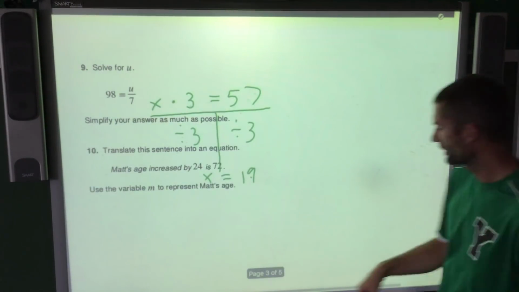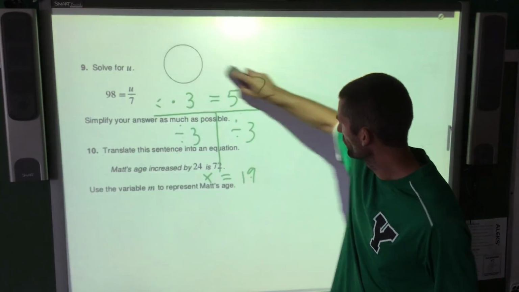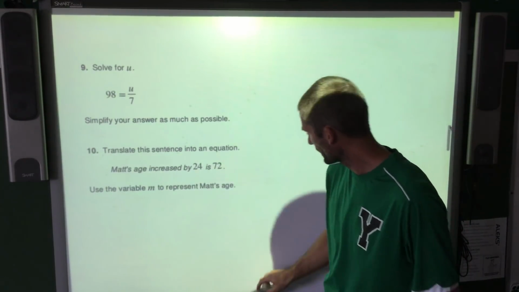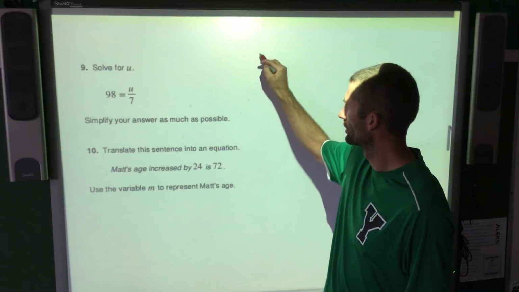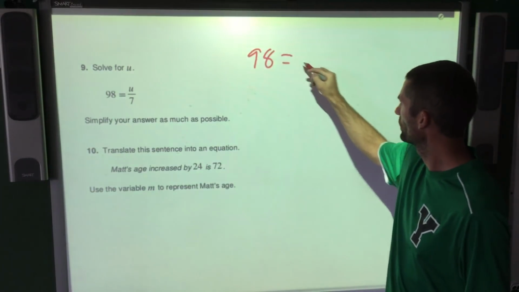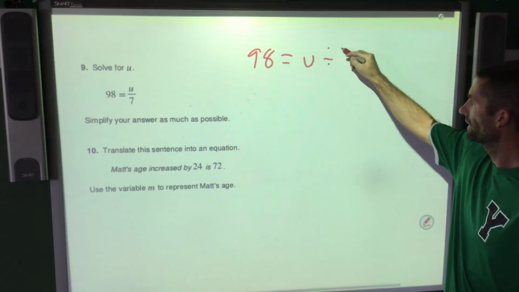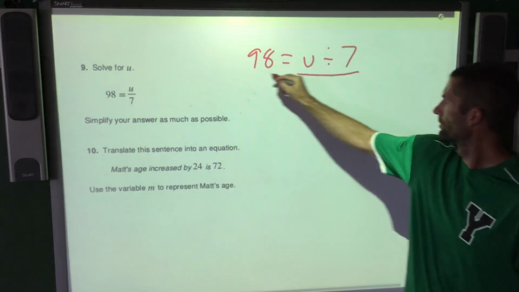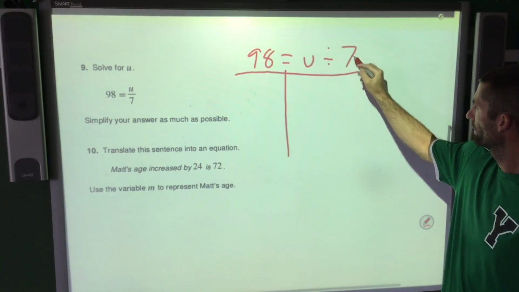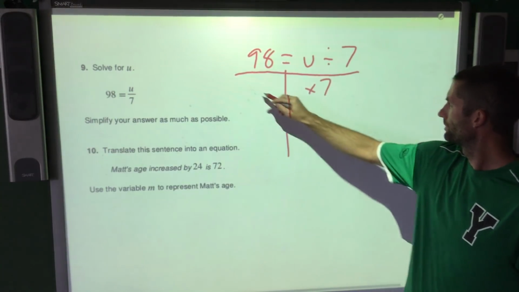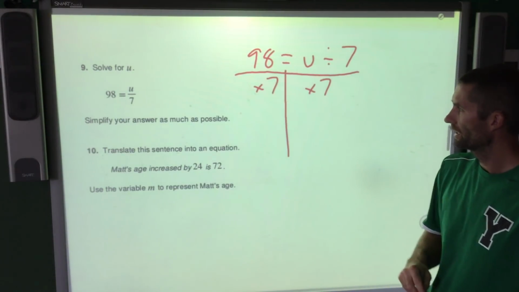Problem 9, we're going to solve for u. 98 equals u over 7. U over 7. So fractions are division. So 98 equals u divided by 7. Put it on a balance. The inverse of divided by 7 is times 7. Now we got to do 98 times 7.